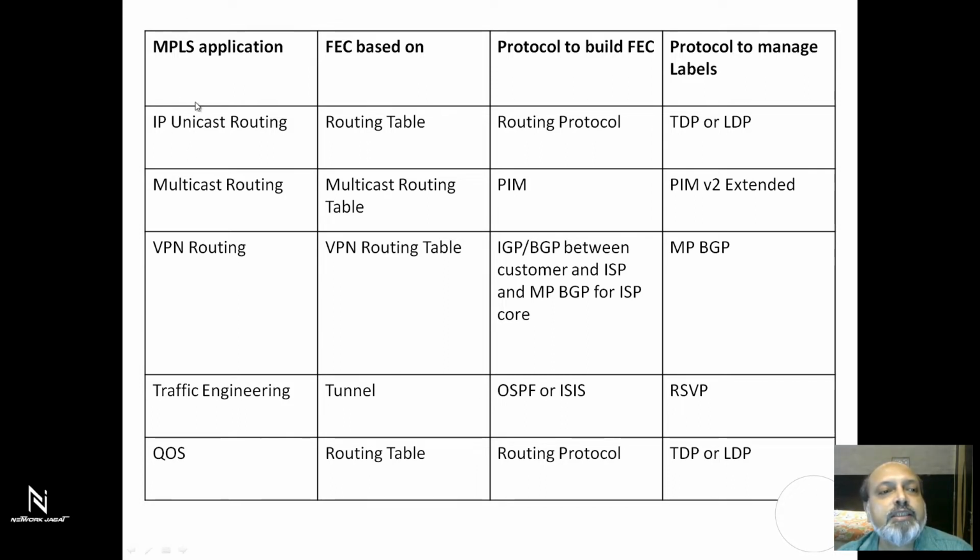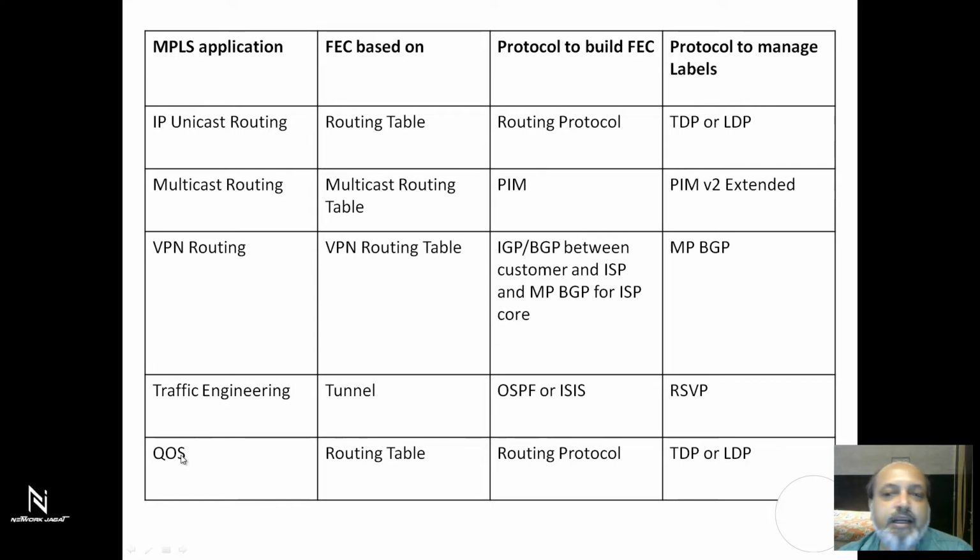This is actually the reason why MPLS cannot be avoided, because it can encompass or serve all the services of networking. If you consider networking, it can give you these services: either unicast routing or multicast routing or VPN routing or traffic engineering or quality of service.